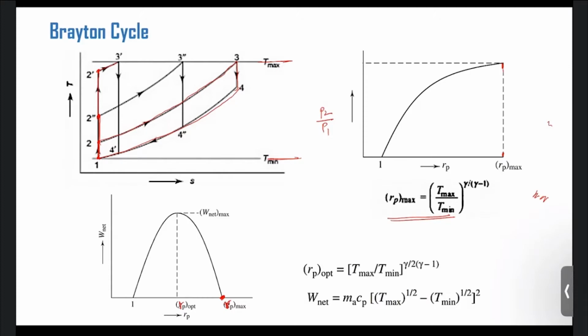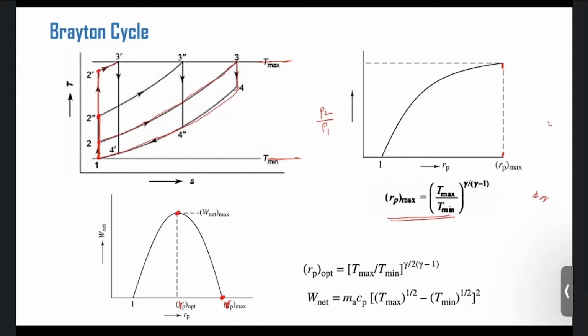So we want to achieve a balance between the efficiency and work so that we can get the benefit of a high pressure ratio as well as the maximum work output. In the lower left figure you can see if we increase the pressure ratio till some point the work also increases, and at a point the work done is maximum. After that the work done starts coming down.